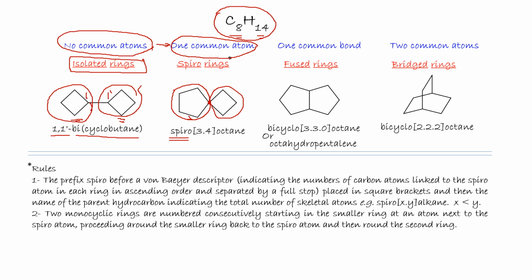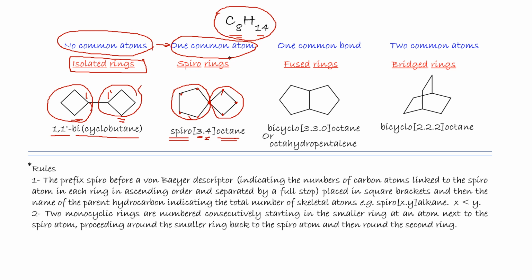In this case, we start with the smallest ring: 1, 2, 3, and then the largest, 1, 2, 3, 4. So it's 3, 4. How many carbons? Octane. So it's spiro 3.4 octane. These are the IUPAC rules.